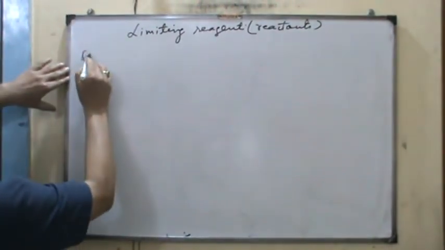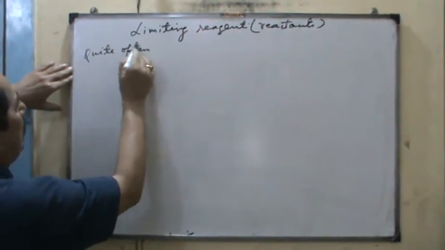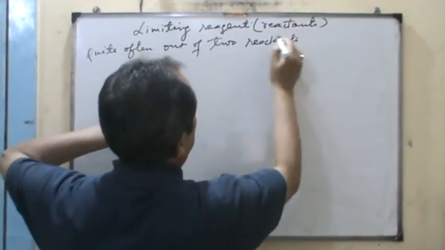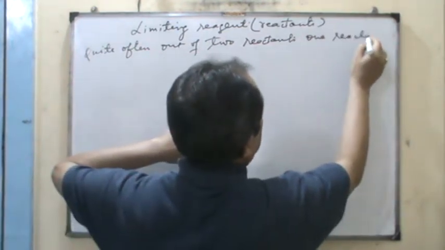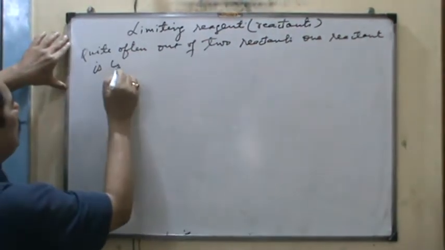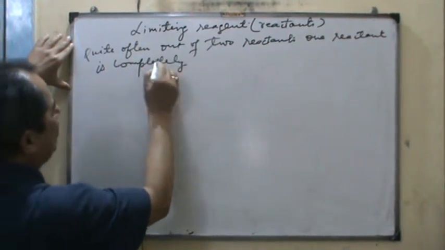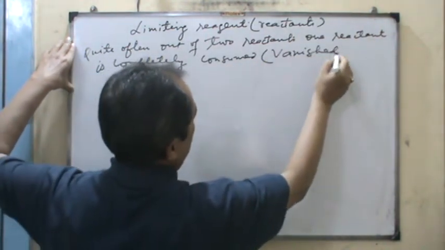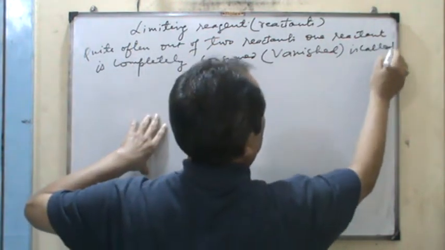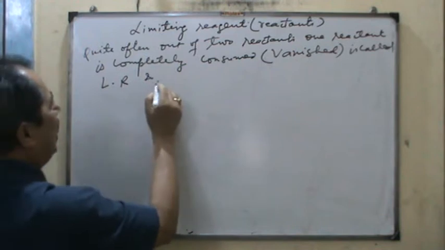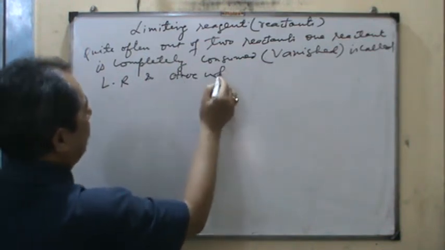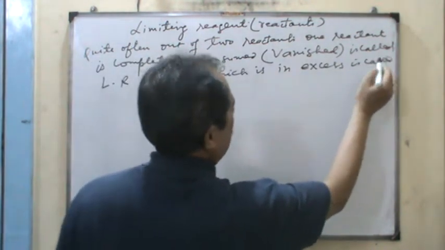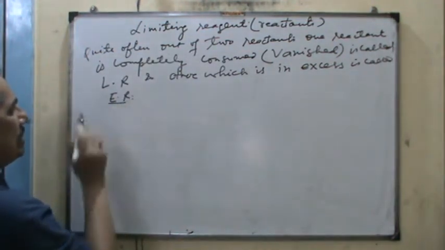Quite often, out of two reactants, one reactant is completely consumed or vanished, and is called the limiting reagent, and the other, which is in excess, is called the excess reagent or reactant.